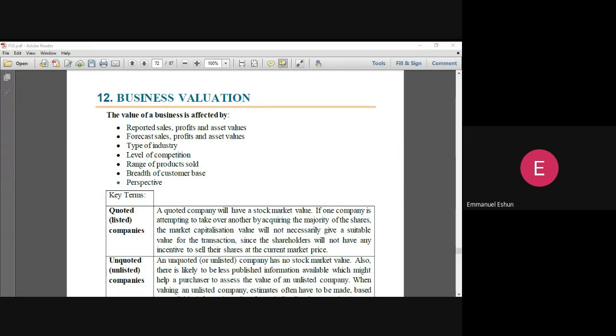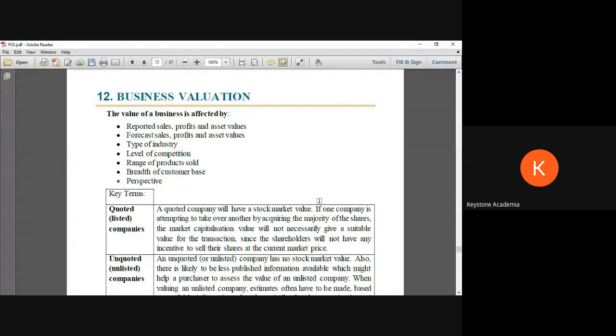All right. So, chapter 12, business valuation. When we value any business, whether it's a listed company like DAISTRUK or a smaller company, a sole trader, anything, there are a lot of things that affect the business.